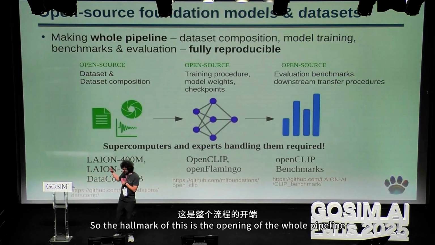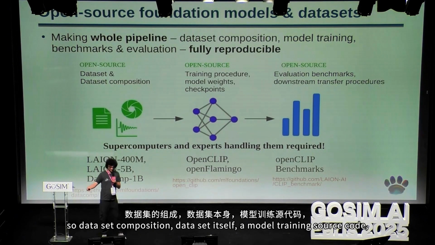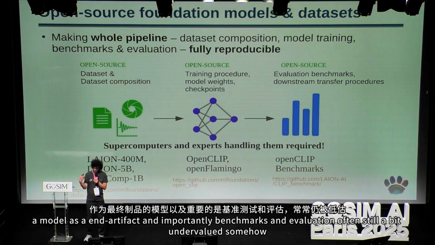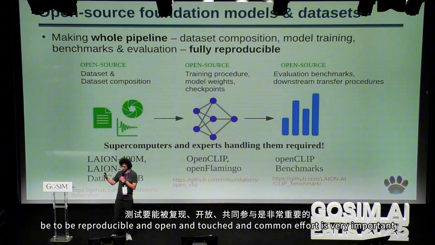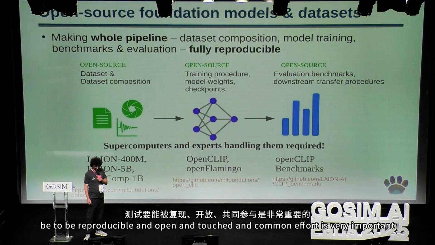So the hallmark of this is the opening of the whole pipeline: dataset composition, dataset itself, model training source code, model as an end artifact, and importantly, benchmarks and evaluation, often still a bit undervalued somehow. I have a feeling, maybe I'm wrong. So this evaluation and benchmarking to be reproducible and open and a common effort is very important.